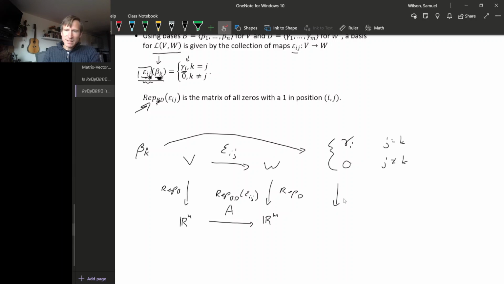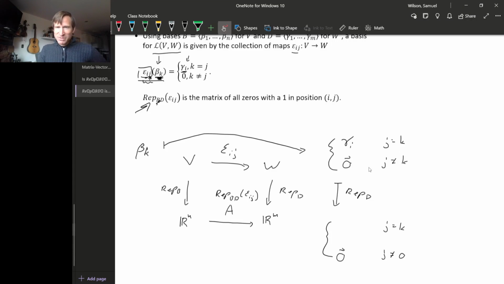And now we hit this with rep D. There are going to be two cases. When j is not equal to k, you just get 0. This is the zero vector, by the way.